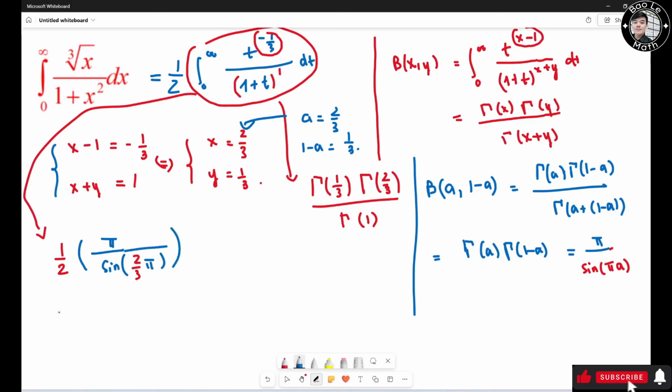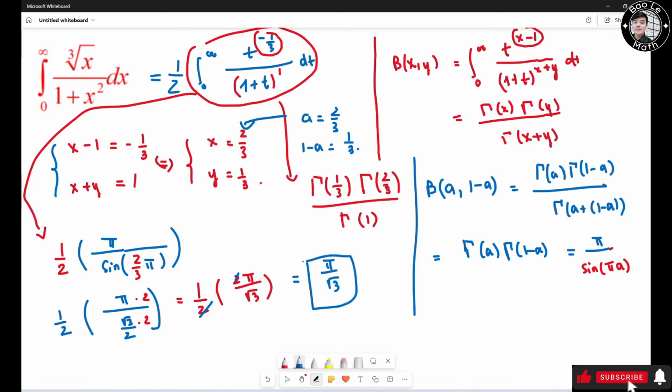Now to simplify this, it's going to be 1/2 times pi over sine of 2 pi over 3, which is root 3 over 2. To simplify, I just multiply the top and bottom by 2. So this turns out to be 1/2 times 2 pi over root 3. Then I just simplify, so the final answer must be pi over root 3. And it's a good time to stop.